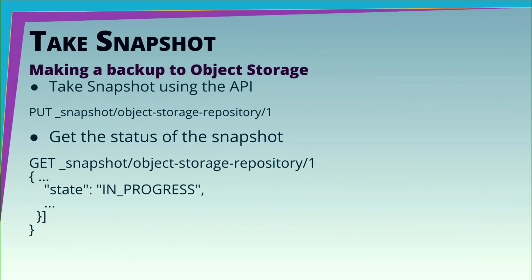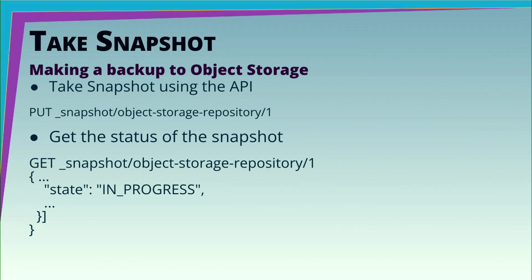So this is one of the common ones, taking a snapshot. Once the object storage is registered, it's pretty straightforward. We use the snapshot API and we name what the repository is, in this case, object storage repository, and then the snapshot name. In this case, it's one.